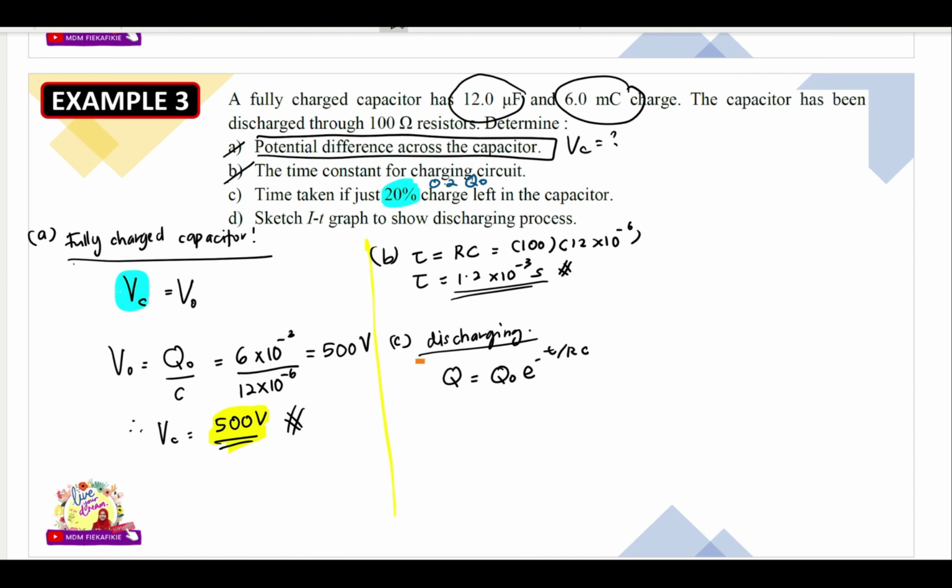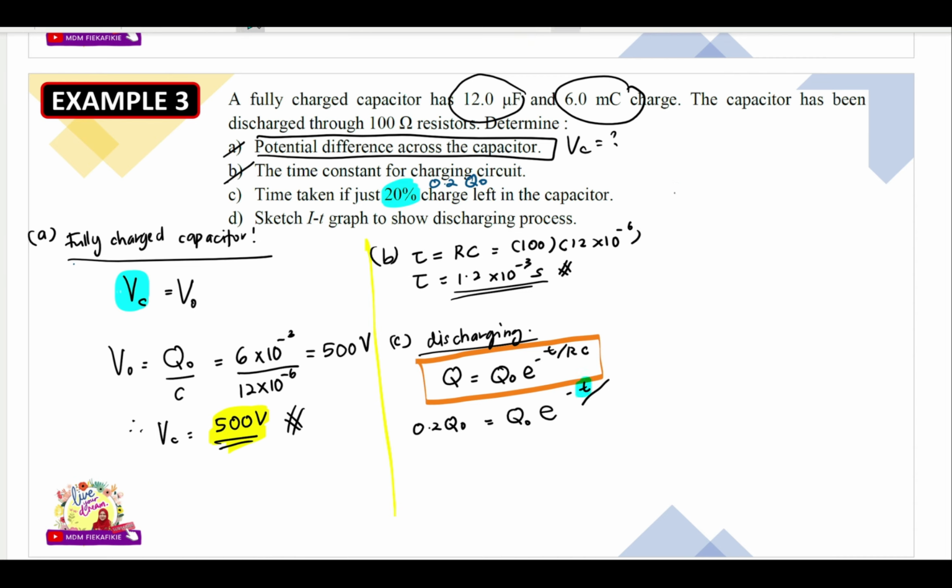Formula ni kena ingat lah. Kalau diberi boleh gunakan saja terus. So Q final dia dah bagi tahu, 20% of maximum charge, which is 0.2 Q0 equal to Q0 e negative t over RC. Sorry, t kita nak cari.